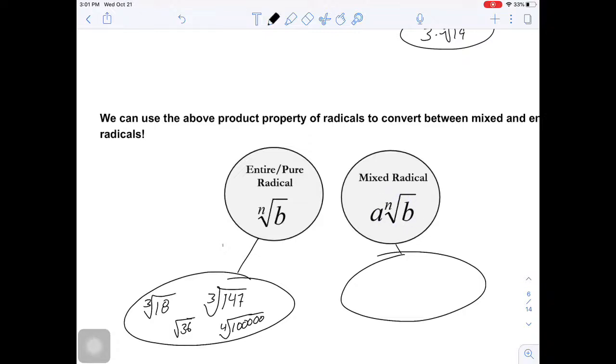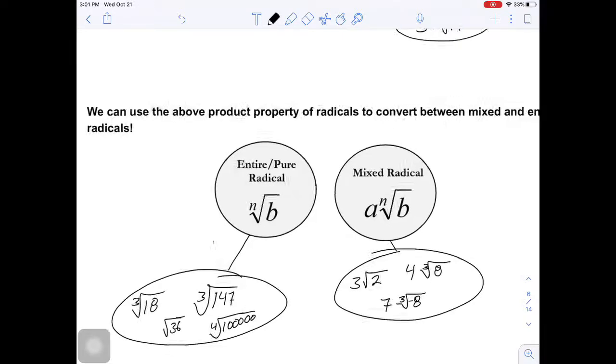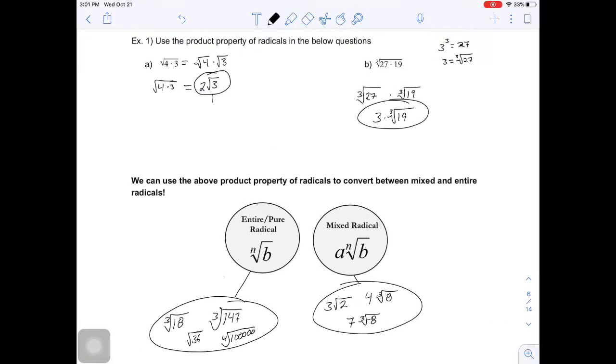Whereas a mixed radical is where you have a number on the outside multiplying your radical. Here we could write it as 3 square root 2, or 4 cube root 8, or 7 times the cube root of negative 8. Notice, this is a mixed radical.